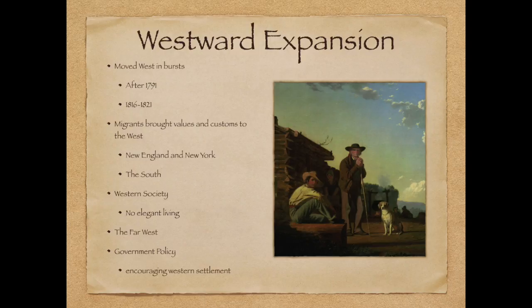You also have some who went to the far west for profit. People like the New York merchant John Jacob Astor founded a fur trading post named Astoria after himself at the mouth of the Columbia River in Oregon, and basically built his fortune off of that.